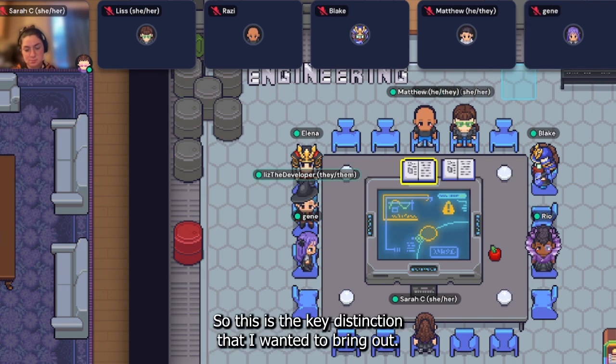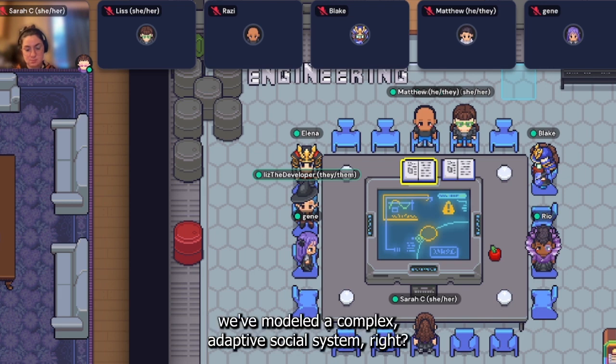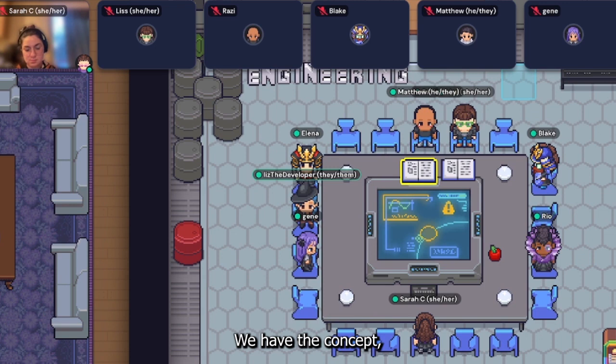So, this is the key distinction that I wanted to bring out. Just because there are agents doesn't mean that we've modeled a complex adaptive social system, right? We have the concept down, the concept of reputation and factions. And so we've created a play wherein you make different state changes to those elements.